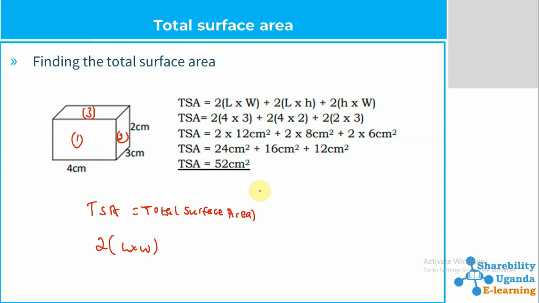But when we extract these faces, our face 1 will look like this, where we have 4 centimeters and 2 centimeters. This is our face 1. Then our face 2 has 3 centimeters and 2 centimeters.